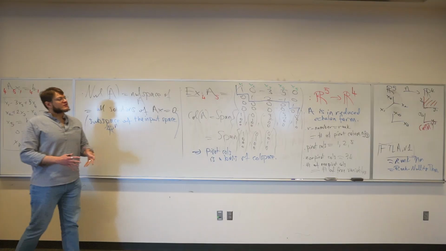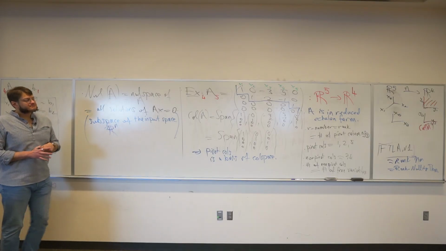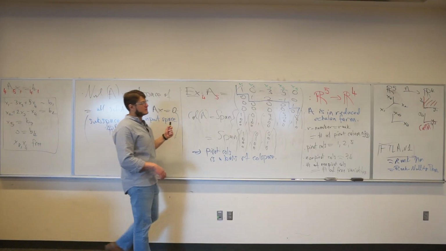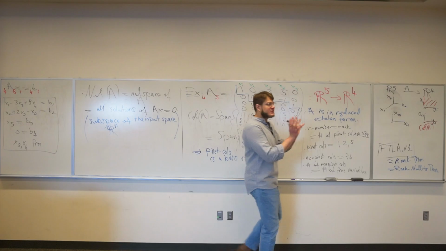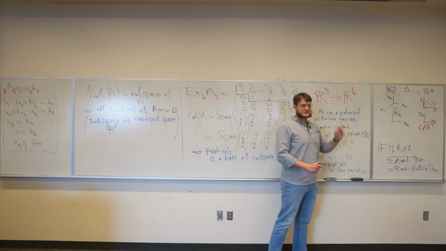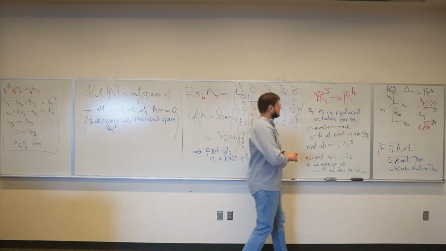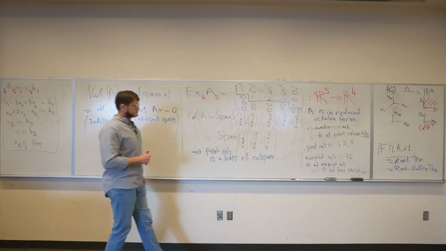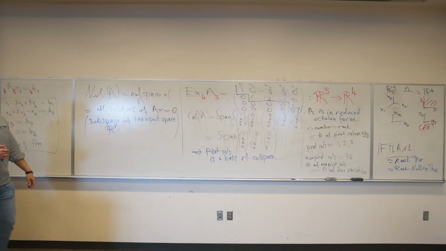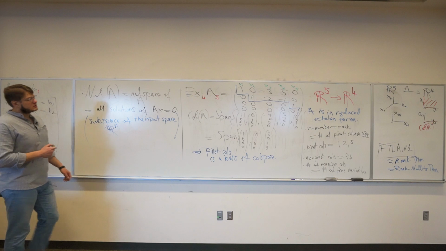What is important here is that ultimately, the column space of A is a 3-dimensional subspace inside 4 dimensions. Any comments or questions about this?